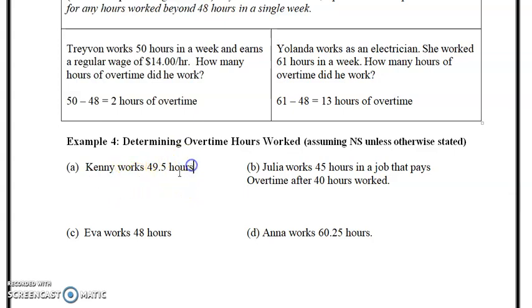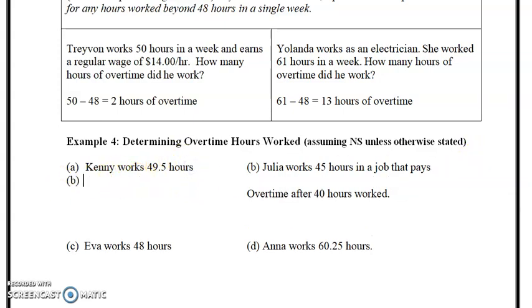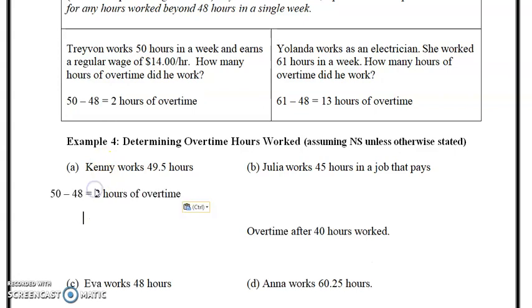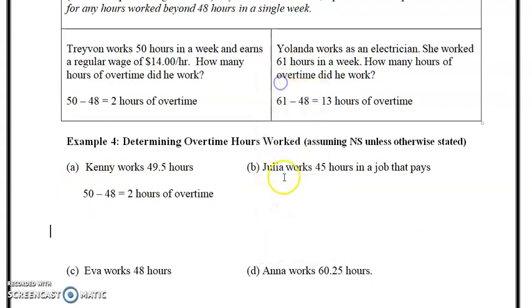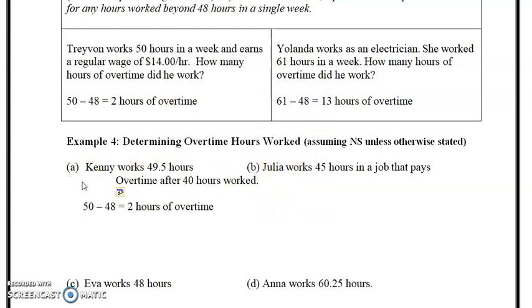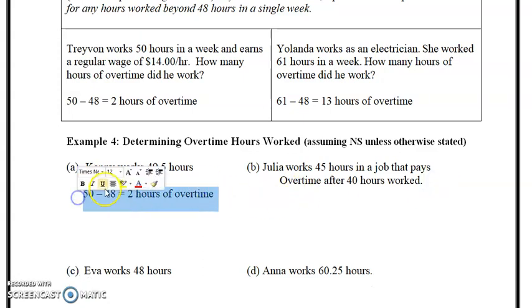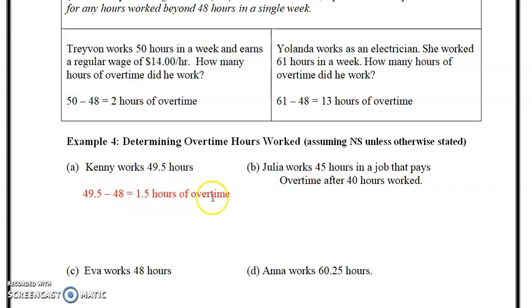First example, it says Kenny works 49.5 hours, so the number of overtime hours, I'm going to steal this sentence. Sorry about that, just some formatting issues there. So 1.5 hours of overtime.